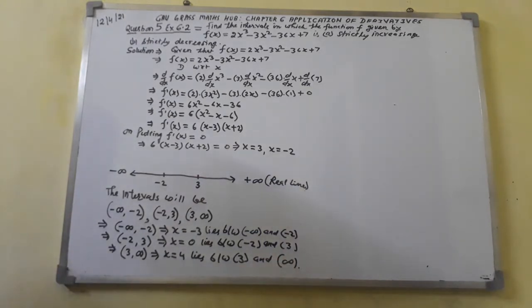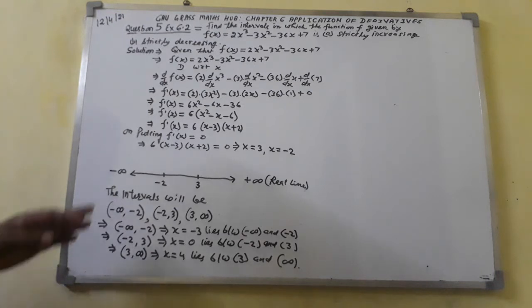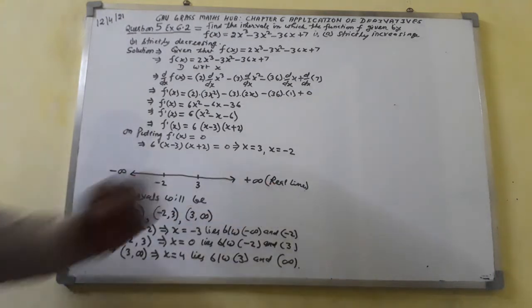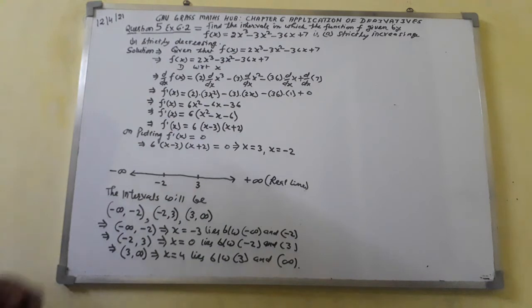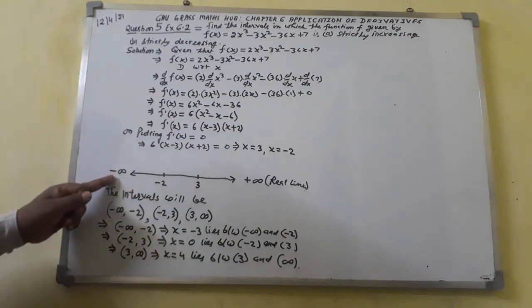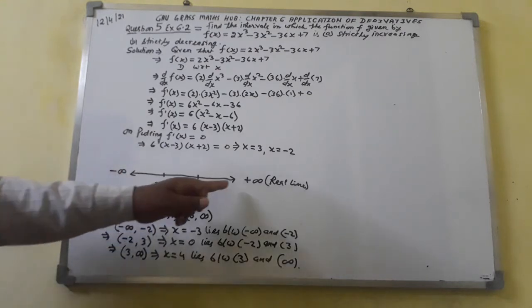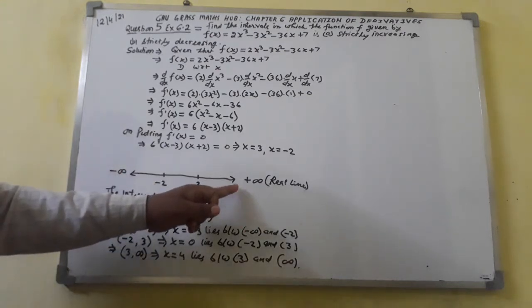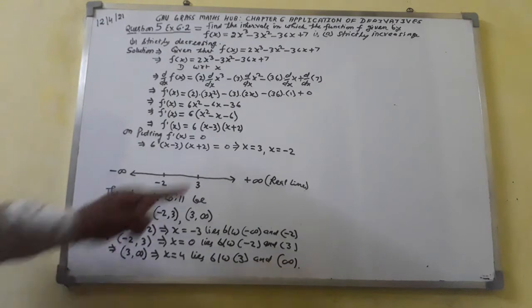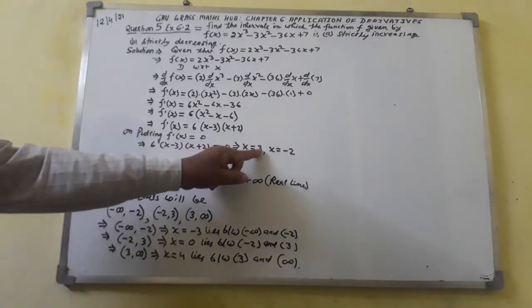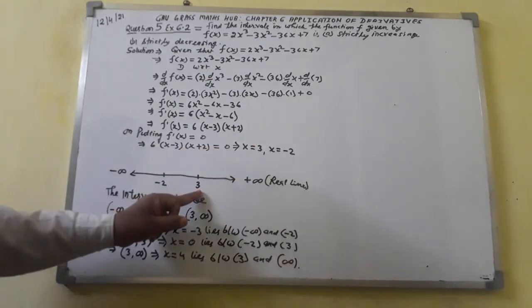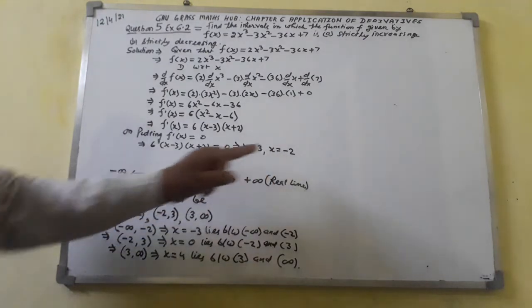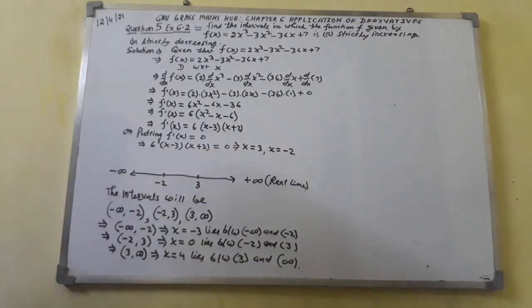Just I shall explain it once again. Here I have drawn the real line. Extreme left goes up to minus infinite. Extreme right goes up to plus infinite. In between I shall locate x equal to 3, so here write x equal to plus 3 and x equal to minus 2.